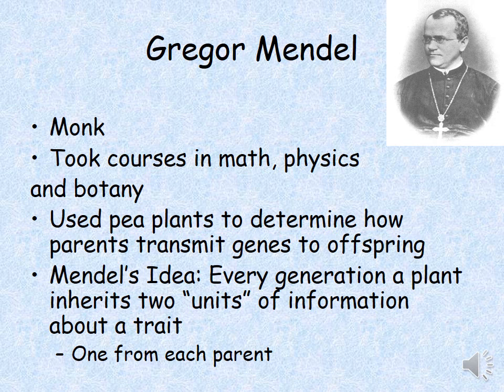Again, he didn't know that genes were a sequence of DNA. Even if he used this term, it was more along the lines of a particular trait. Mendel's idea: every generation a plant inherits two units of information about a trait, one from each parent. This was determined mathematically just by doing the different crossbreedings that we're going to talk about.